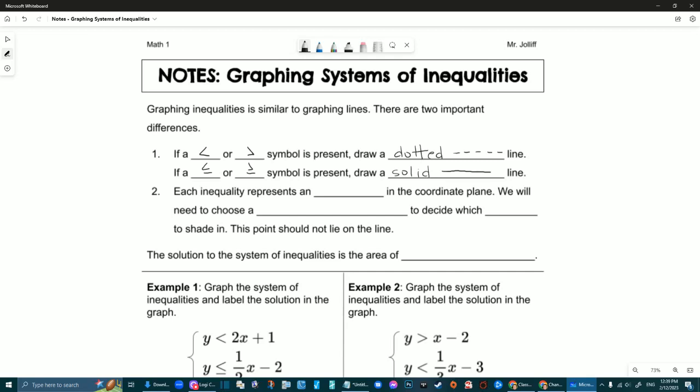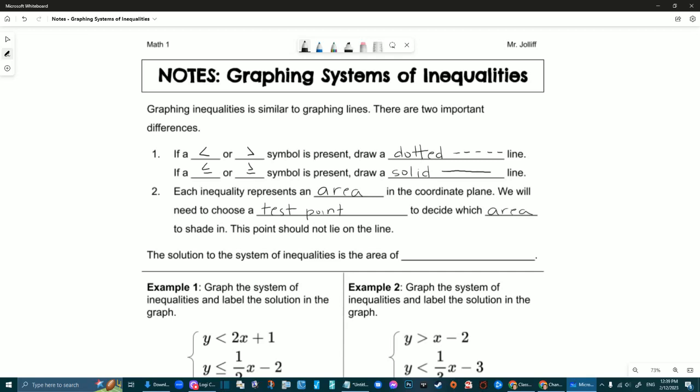The next difference is there is an important step after drawing and labeling your lines. Each inequality represents an area in the coordinate plane. We are going to need to choose a test point to decide which area to shade in.